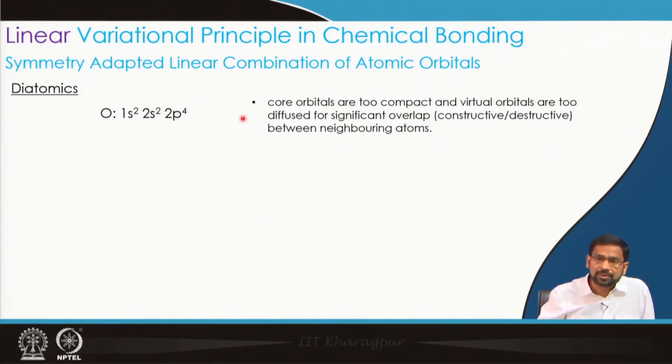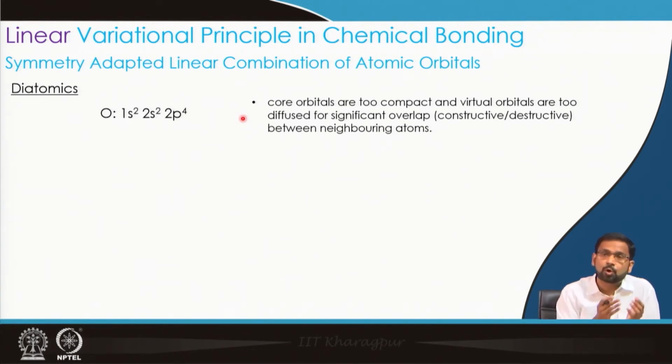Now, keeping that in mind, we can say that if there are some orbitals which are too compact, that means their electron density is restricted to a very limited space in the molecule, those orbitals would not show good overlap with other orbitals. Which kind of orbitals are they? For example, if I consider the core orbitals, in case of oxygen, the 1s orbital, we know that 1s electron is situated much closer to the nucleus than 2s and 2p.